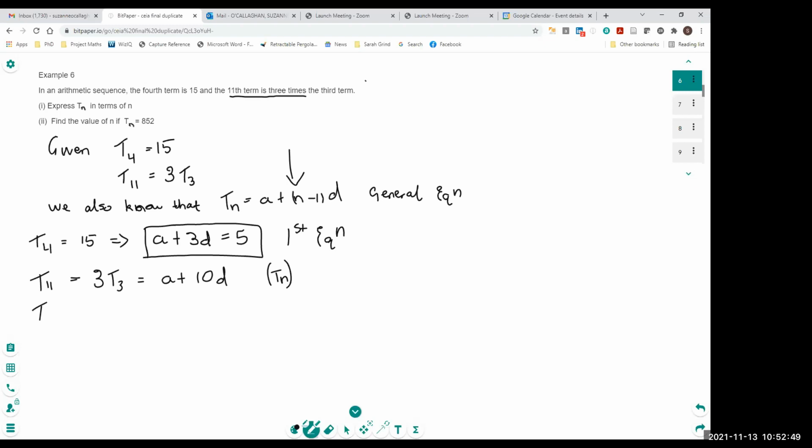And we know that t of 3 has to be equal to a plus 2d.